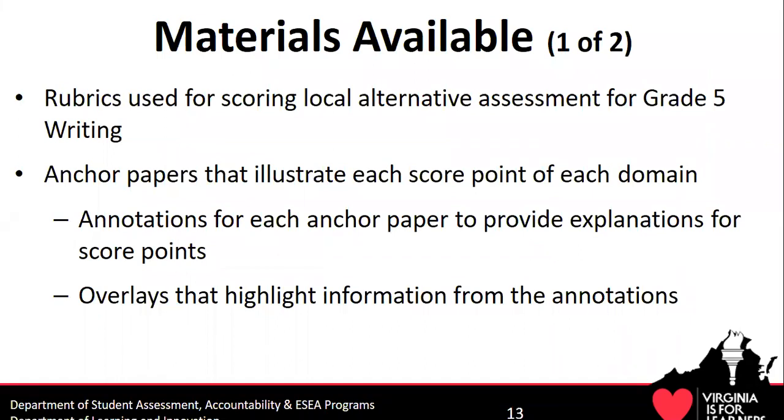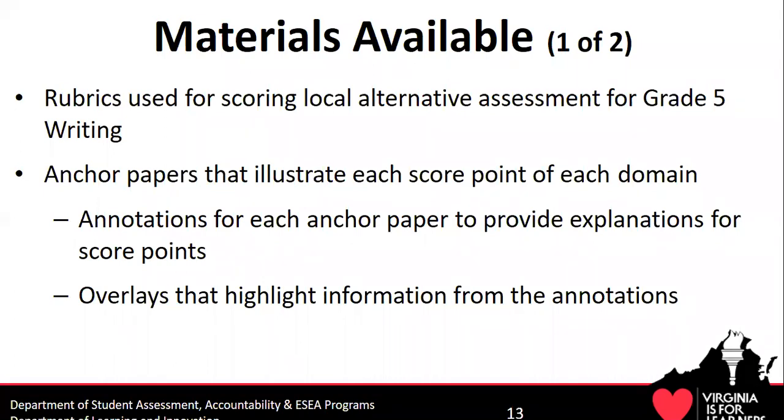Some materials that are available to you within Understand Scoring are the rubrics used for scoring, local alternative assessments for grade 5 writing, and anchor papers that illustrate each score point of each domain. You'll recall we have the 2 domains, composing and written expression, and then usage and mechanics.